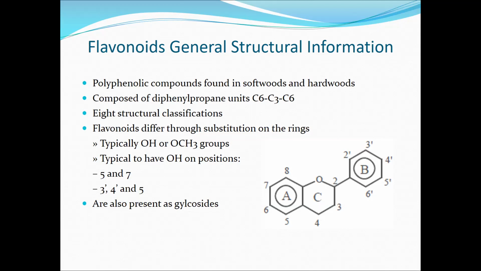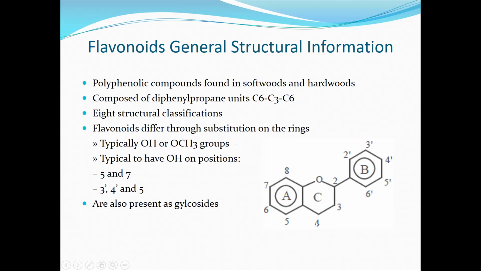This is applicable for the classical flavonoids, but flavonoids can be branched and other positions may be substituted. They have 8 structural classifications. Flavonoids differ through substitutions on the rings, typically OH or OCH3 groups.